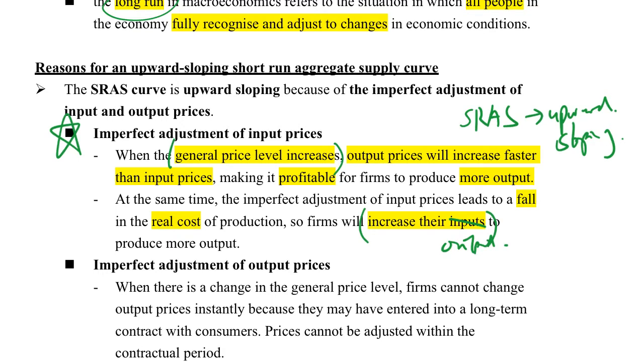The logic behind is very simple: when the price level increases, the output price level, that means the products, increases faster than the input, because the inputs have not had enough time to adjust. No need to understand, you just memorize it. Then it is more profitable, so the output will increase, with a lower real cost. So that's why they have more output.